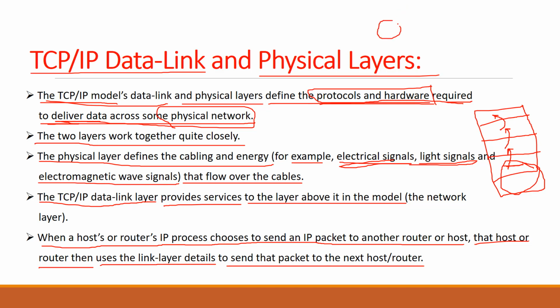If we have a router here and a router here, and there is a medium between them, the process adds some headers and trailers to the data that comes from the upper layer, and it uses the link layer details to send that packet to the next hop, router or host.